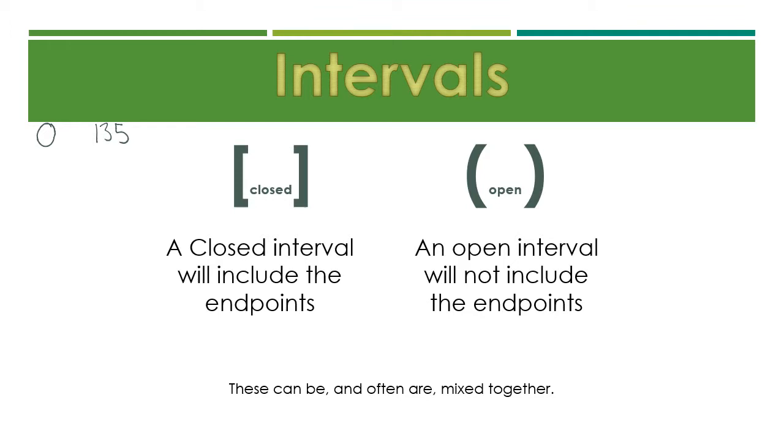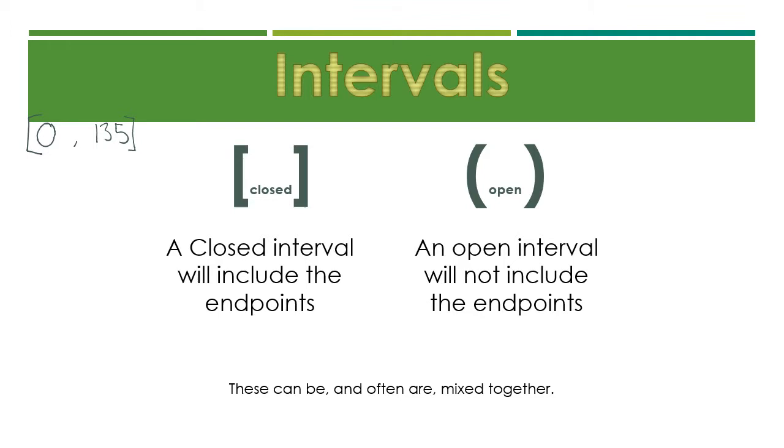So there are really three different types of intervals. One of them is a closed interval where we include the endpoints. Because all of the numbers in between here are defined in our equation, we have to have some kind of way of defining the endpoints as well. So if we write someone's lifespan like this, from 0 to 135 on a closed interval, what we're saying is that a person lives from exactly the time they are 0 to exactly the time they are 135.